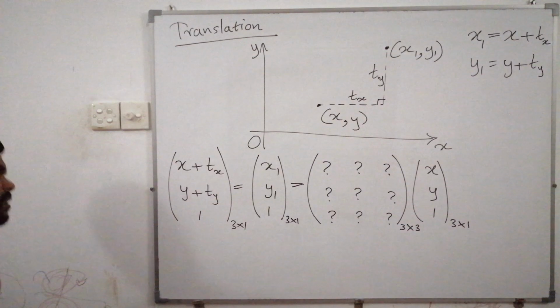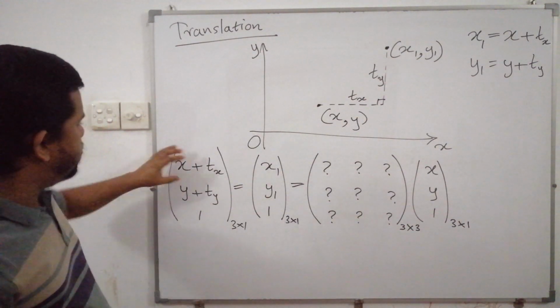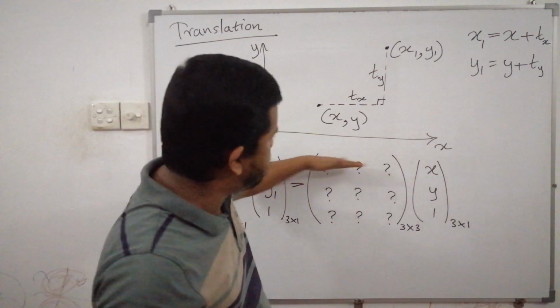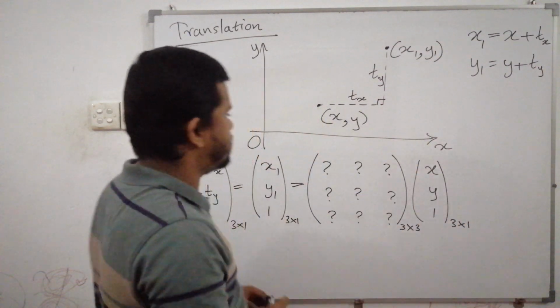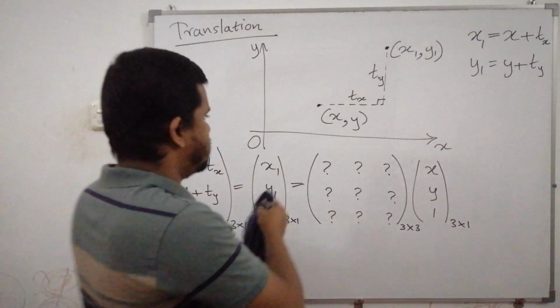Now, let's try. In order to get this particular term, we have to multiply the first row of this matrix by the first column of this matrix. Now, we have here x.